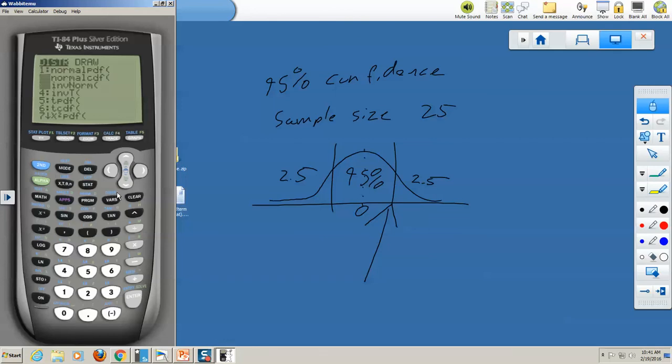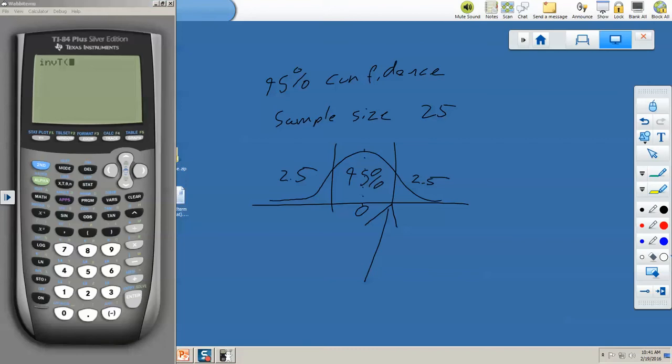Finding a t-score commands are the inverse commands. So we used inverse norm before when it was a z model, but this is a t model, so we're going to use inverse t. So the way that inverse t works is you're going to type in a number, okay? And the number that you're going to type in, let's just say it's 0.5.